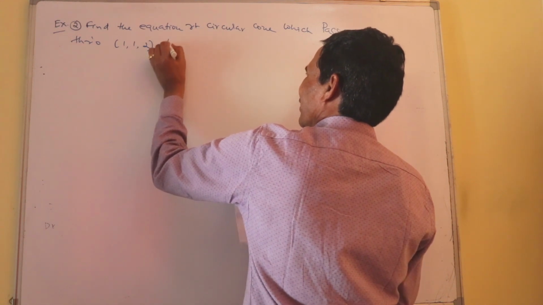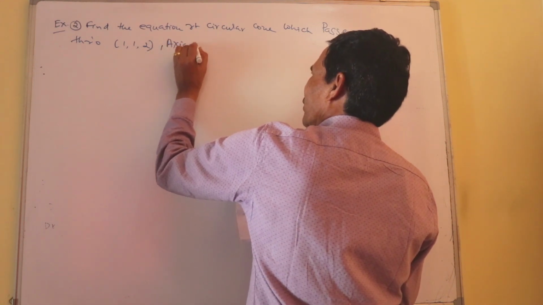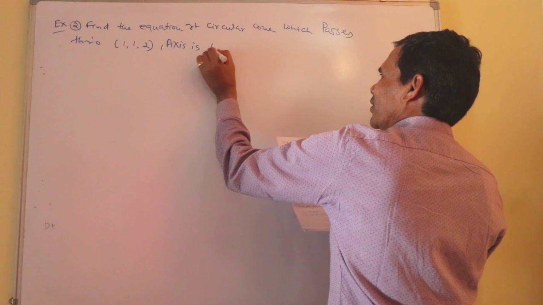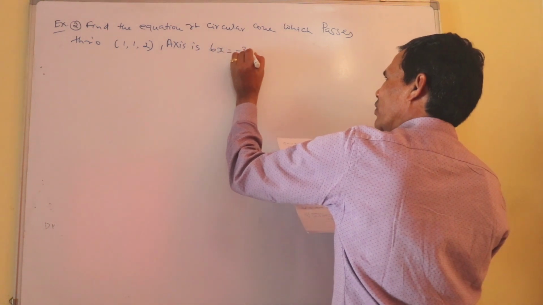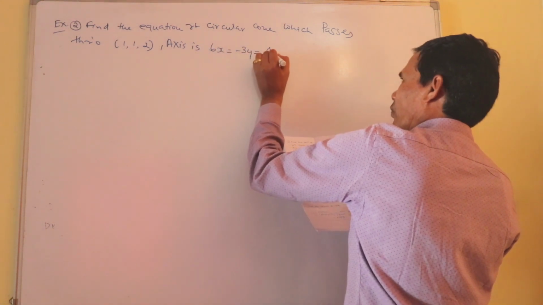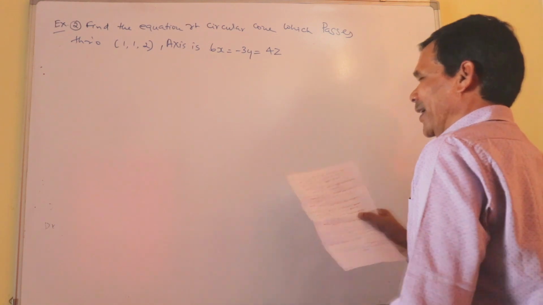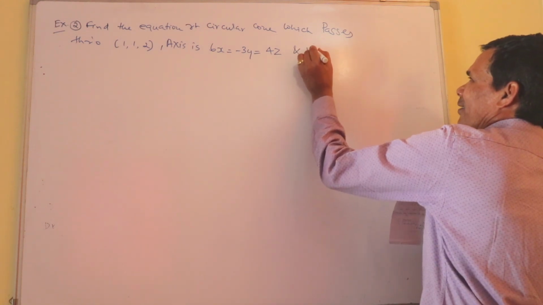The axis is 6x is equal to minus 3y is equal to 4z, and the vertex is at origin.